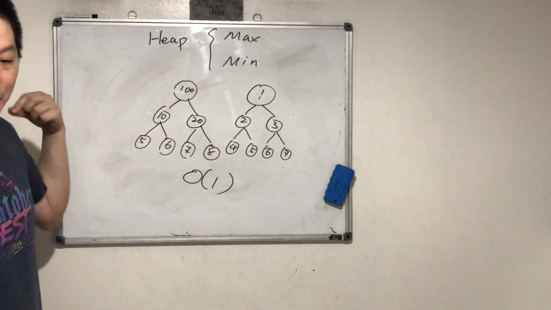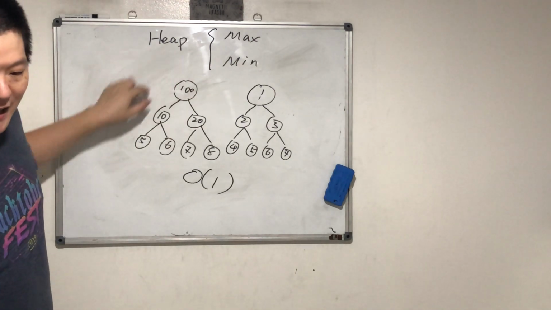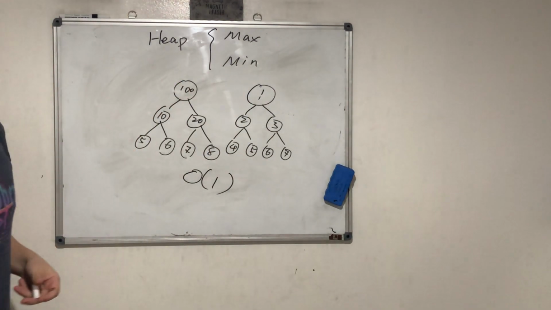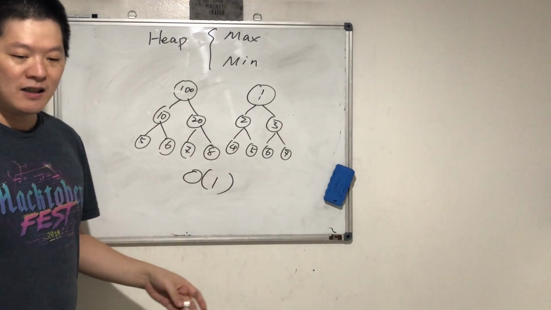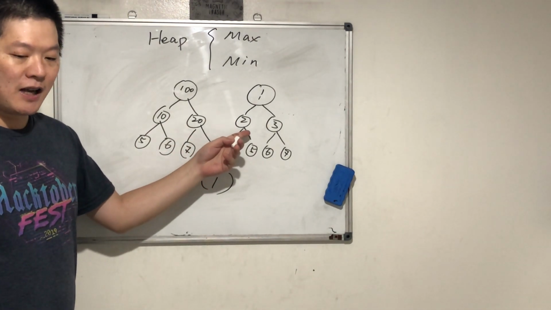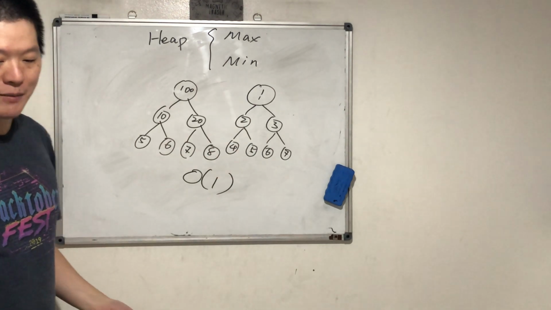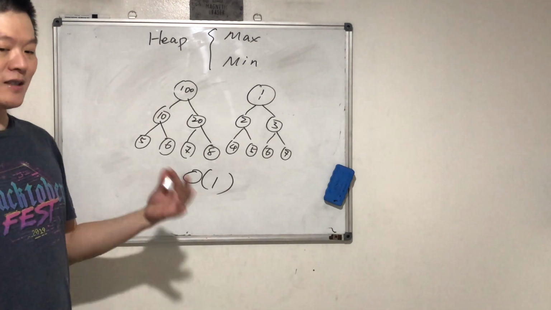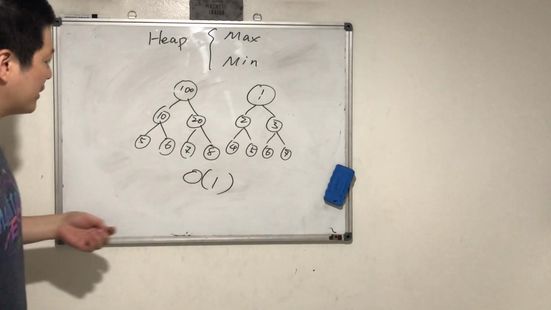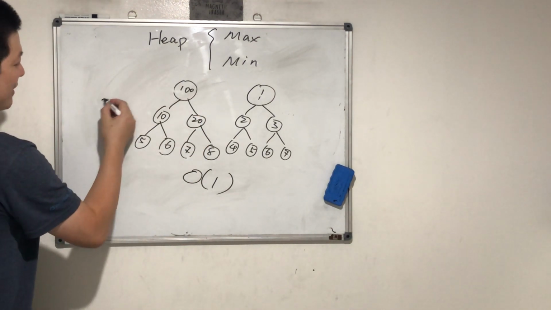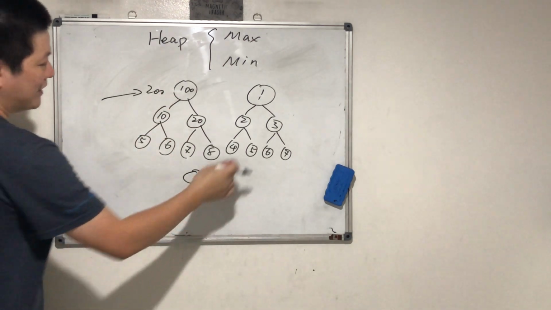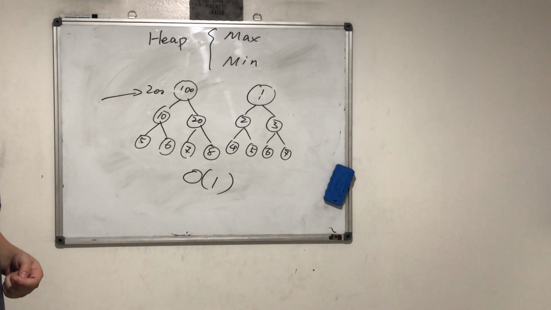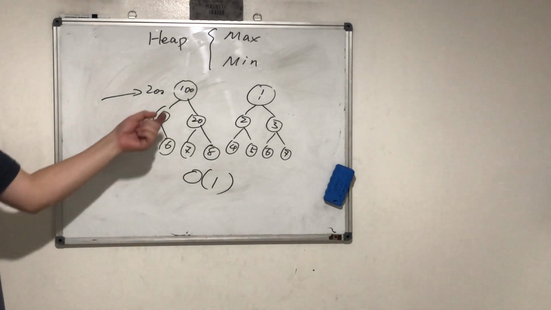If we want to insert a value into the heap, or take a value out, or delete an element from the heap, what's the worst-case time complexity? Can you make a guess?